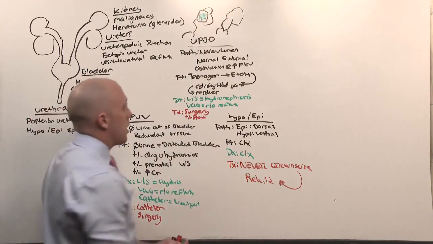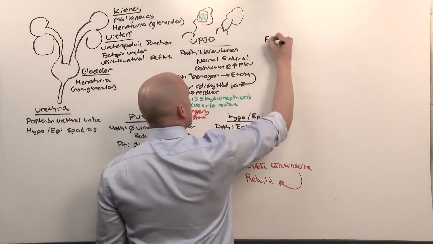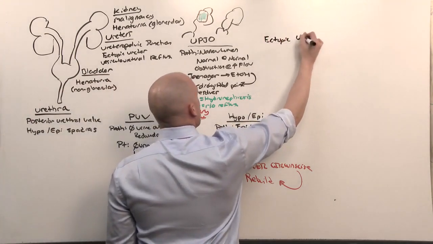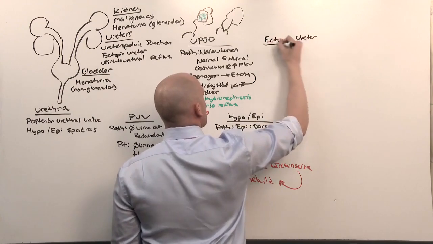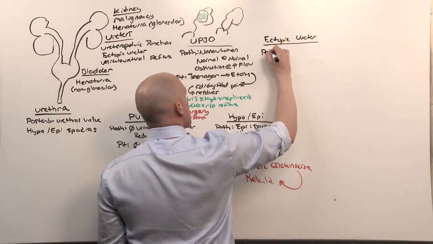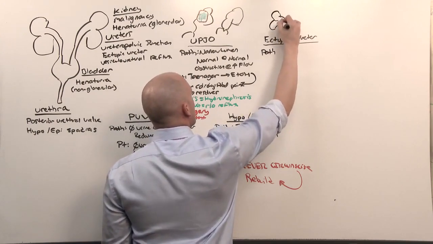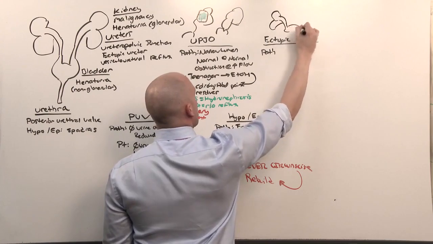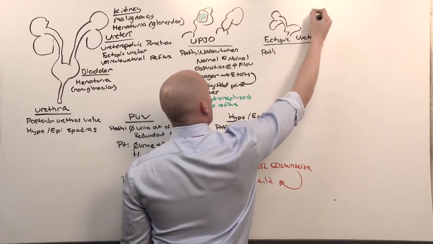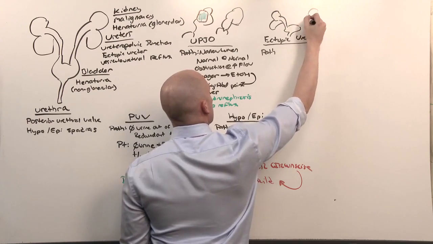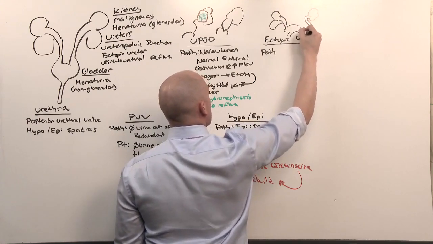Now, if you talk about an ectopic ureter, formerly called low implantation, you've got one good ureter doing exactly what it's supposed to do, and then you've got one ureter which is doing whatever it wants.